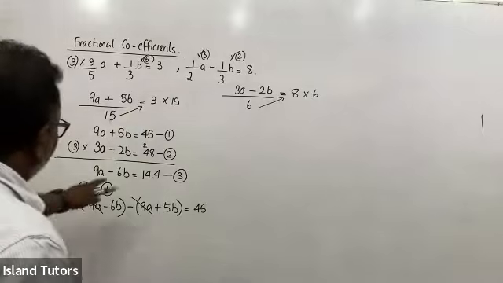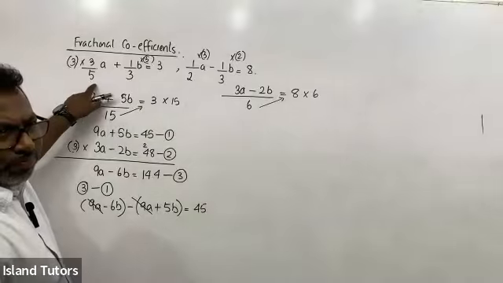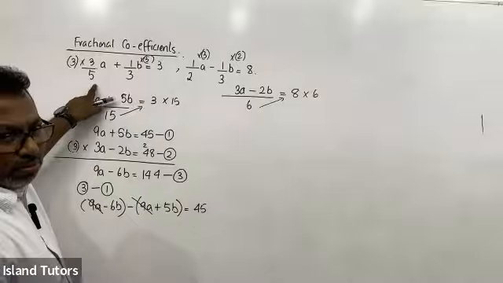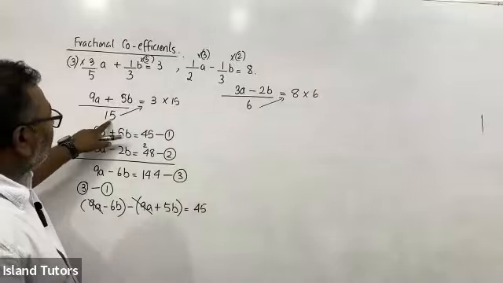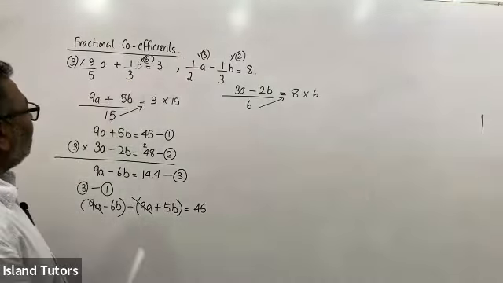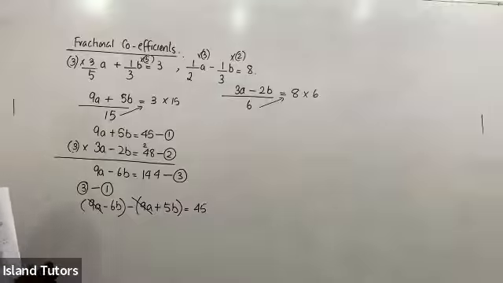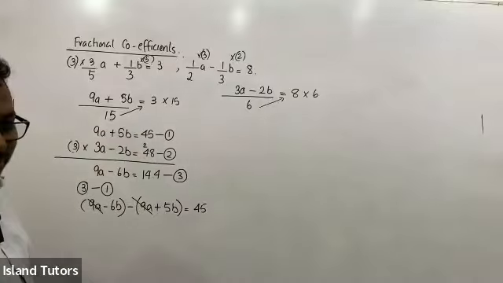Yes? Here, this 15, 5 and 3 lowest common multiple is 15, right? So 15 here, you have 3 here, so you're going to multiply by 15 multiplied by 3 is 45. Okay, sir.